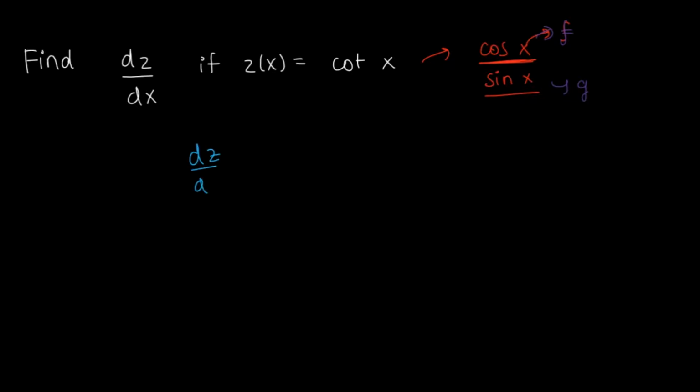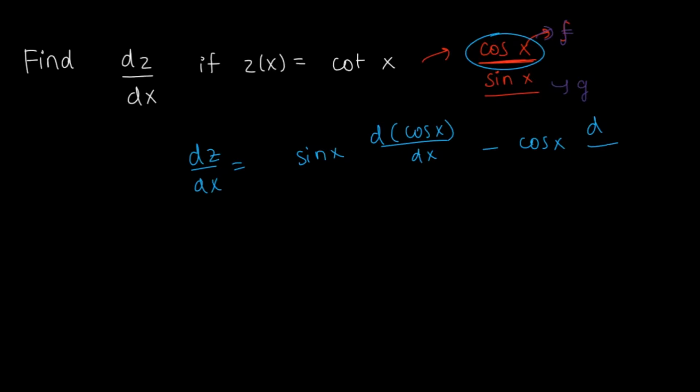Now we can write the derivative dz over dx is equal to, you first write g, so sine of x, times df over dx, so the derivative of cos of x with respect to x, minus, you write f then, so cos of x, times the derivative of g, so that is the derivative of sine of x. All of this is being divided by g squared, so sine squared.